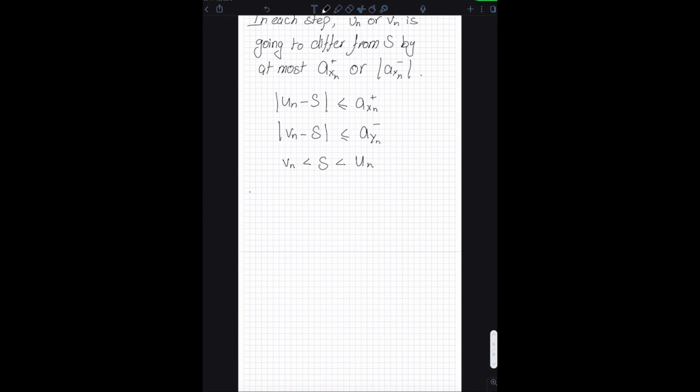Now, the last step of this proof goes as follows. As we know, the summation from n equals 1 to infinity of a of n is conditionally convergent.